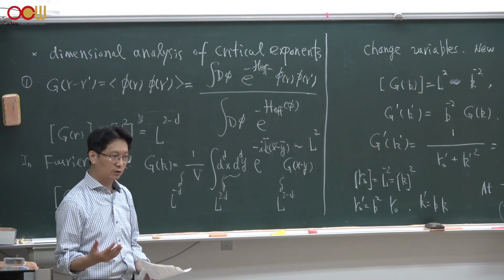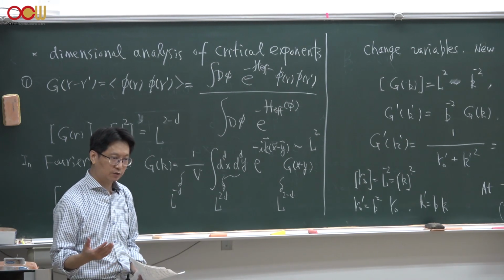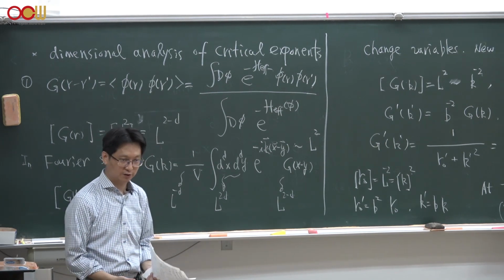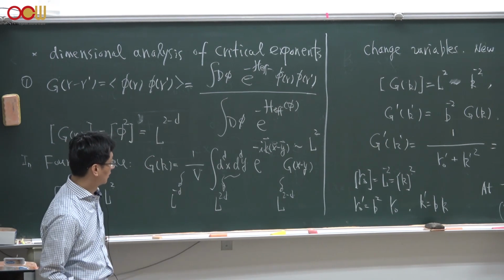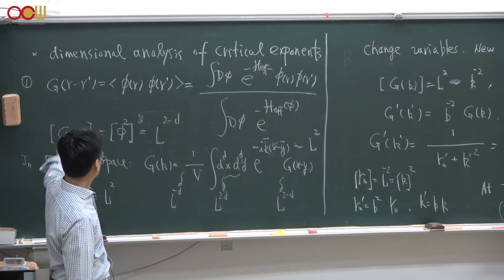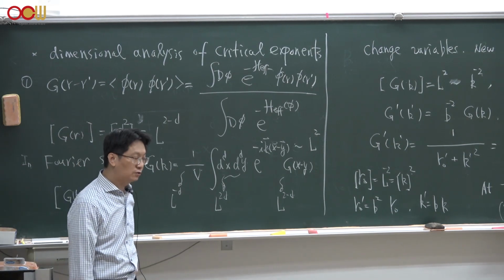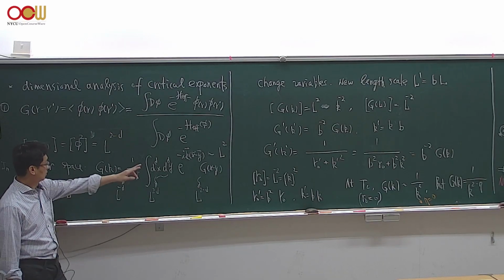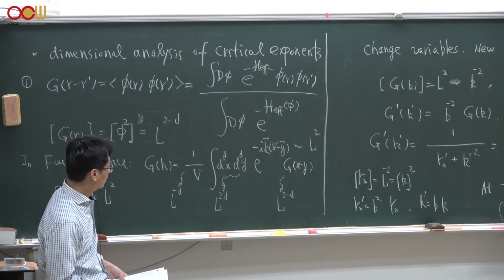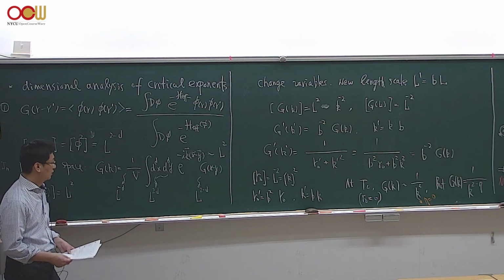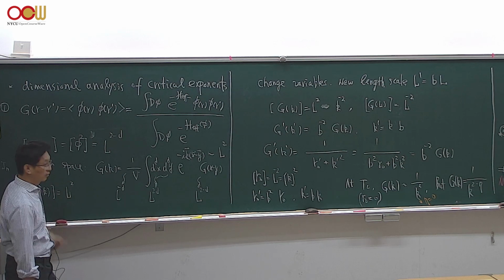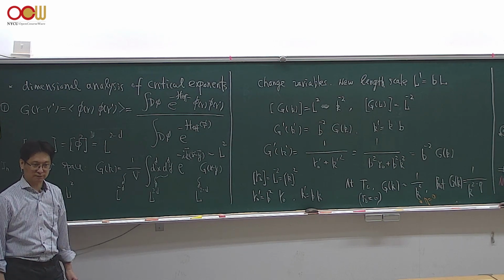But in fact, we'll show that this kind of dimensional analysis, plus the only length scale, which is the correlation length that diverges at the critical temperature, is not sufficient. We'll see in just a moment that dimensional analysis is not sufficient to capture the anomalous exponent associated with the correlation length and also the exponent of the correlation function g.